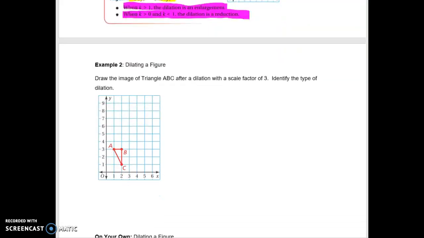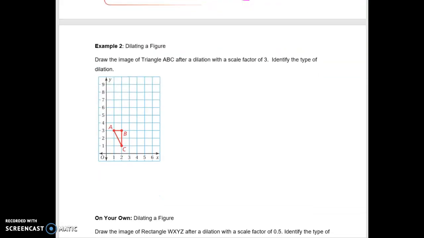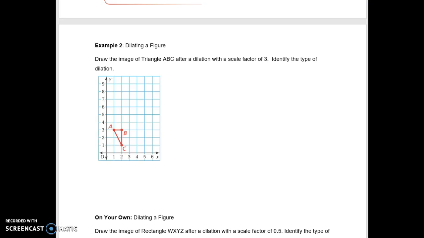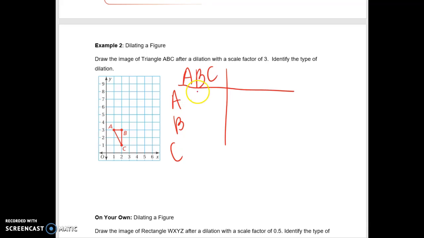So let's take a look here. So we have a triangle ABC, and these points A, B, C. A is 1, 3. B is 2, 3, and then C is 2, 1.